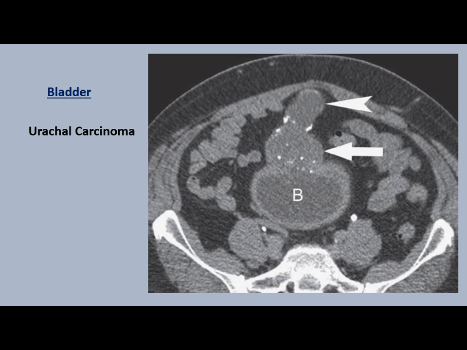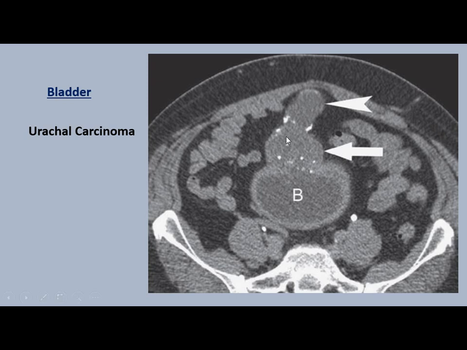Going to the bladder, one of the congenital anomalies of the bladder is the urachal remnant, which is attached from the dome of the bladder to the umbilicus. There are many congenital anomalies regarding the urachus, such as sinus, cyst, tract, or fistula.